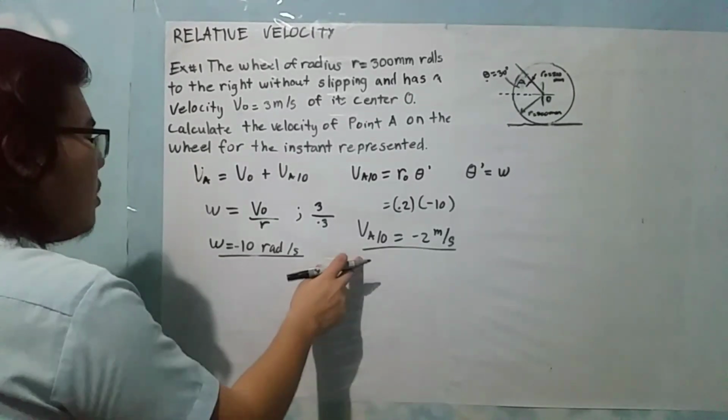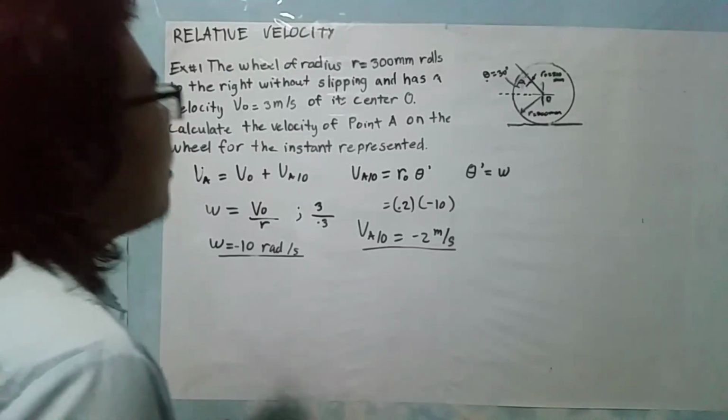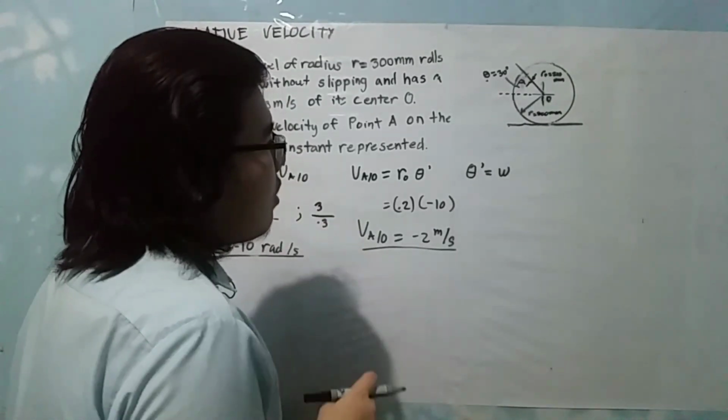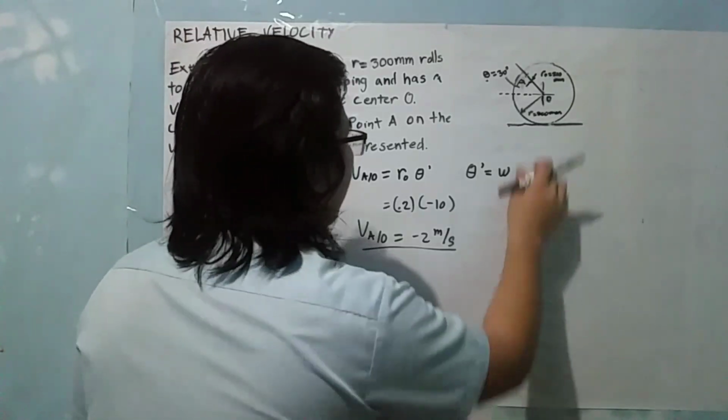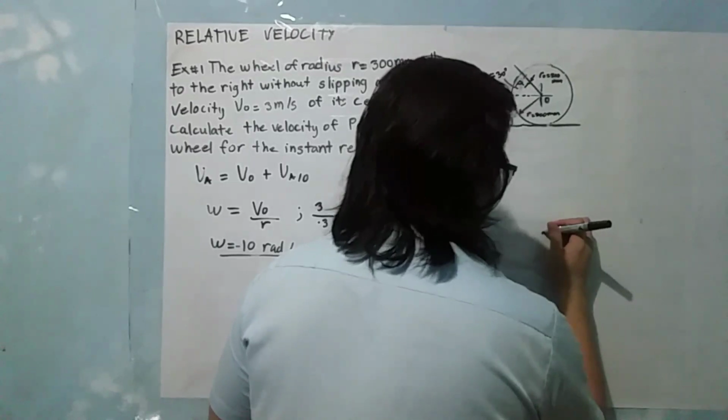So by solving v sub a and o, we can use a parallelogram method because we can draw a parallelogram at this point. So let's just illustrate.